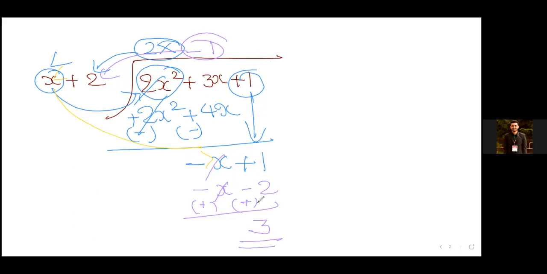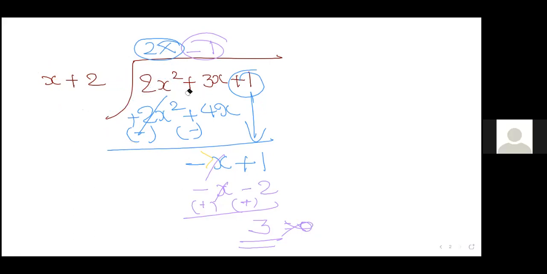So further we cannot do this, since you have to stop this division process when either the remainder is 0. If we get this term as 0, we can stop this. Otherwise, if its degree is less than the degree of the divisor, can anyone tell me which is divisor here? What term is divisor here? X plus 2. Yes, it is x plus 2.